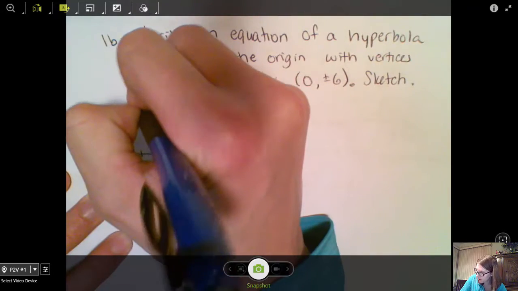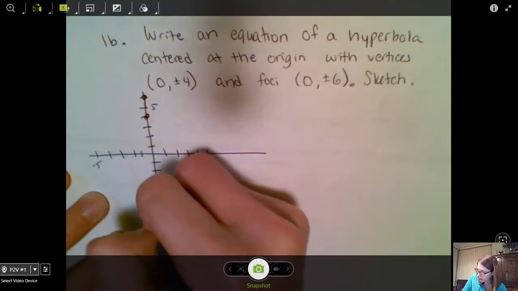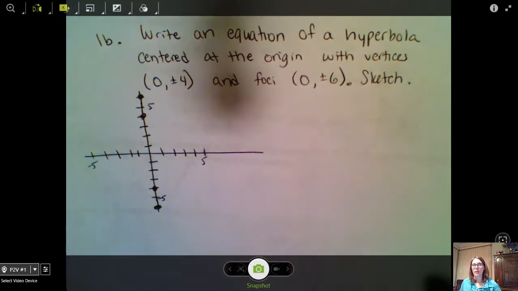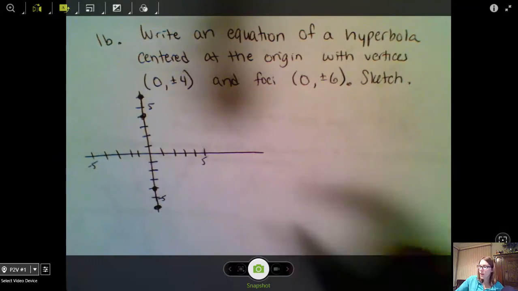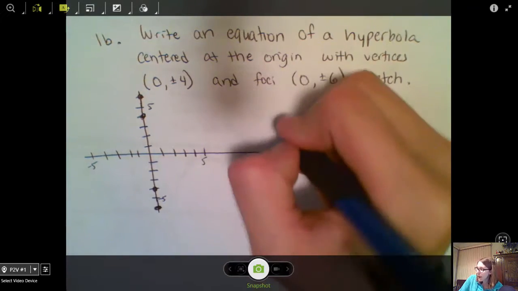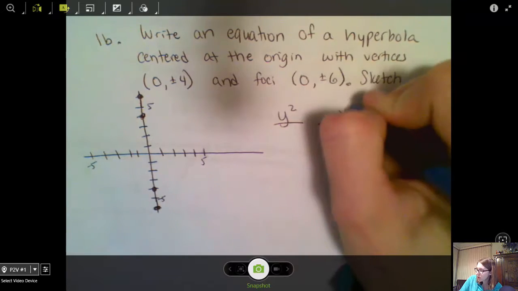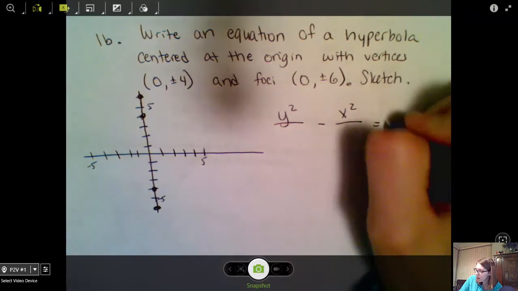Foci are at 0, 6 and 0, negative 6. Based on where my foci and vertices are, I know my hyperbola is up and down. So it's in the form y squared over something minus x squared over something equals 1.